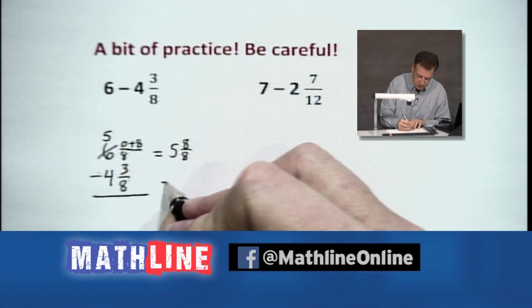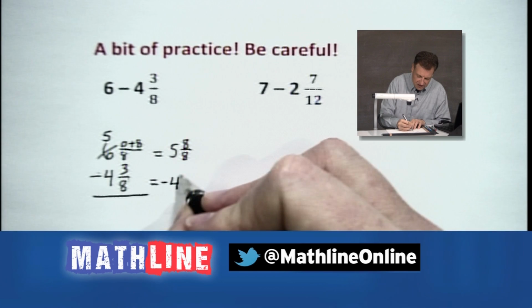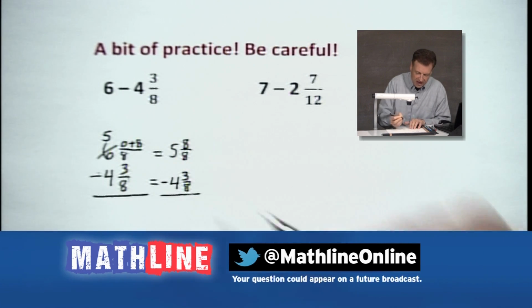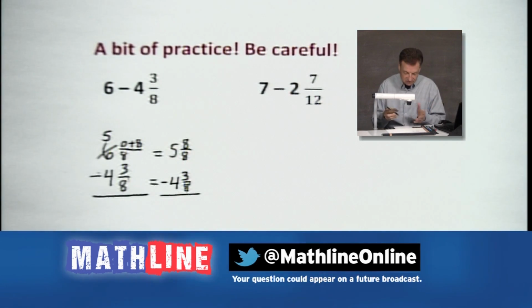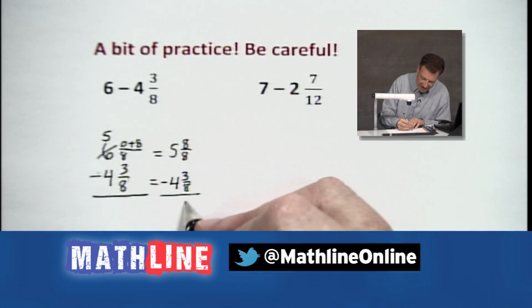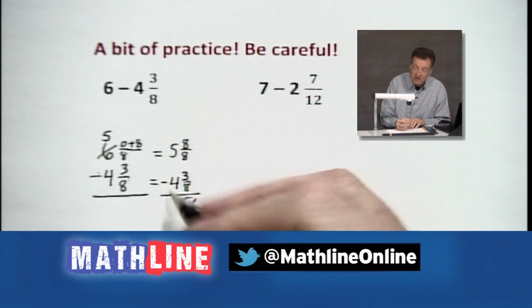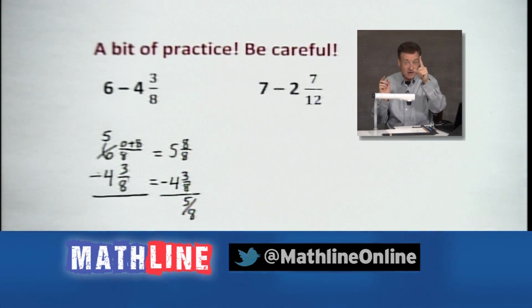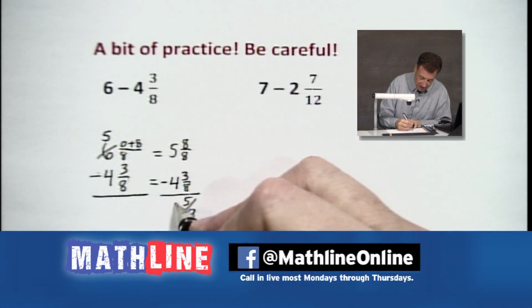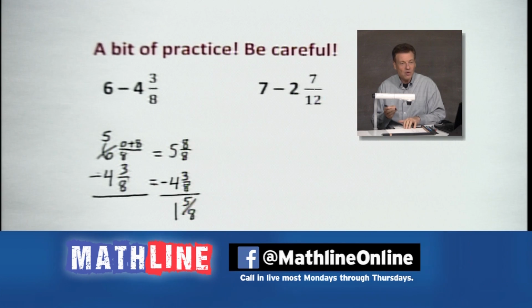And we're going to subtract. This one is going to give us 4 and 3/8. Can we subtract it? Of course we can. 8 minus 3 gives us 5. And 5 minus 4 gives us 1, 1 and 5/8 there.